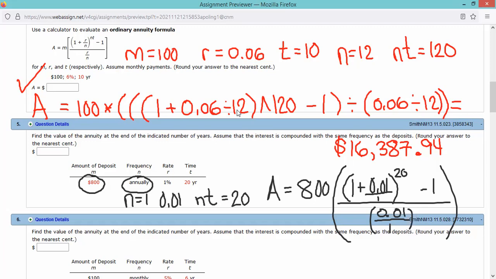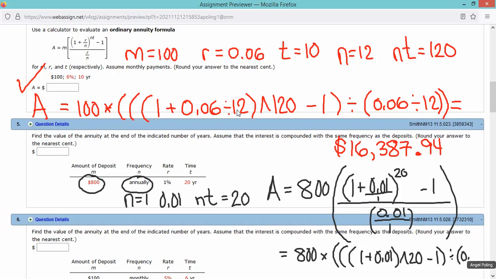So we can, in fact, type in 800 times the 1 plus 0.01 raised to the 20, take away 1. I don't need a separate parenthesis for the denominator, but I'll leave it there just for convenience.